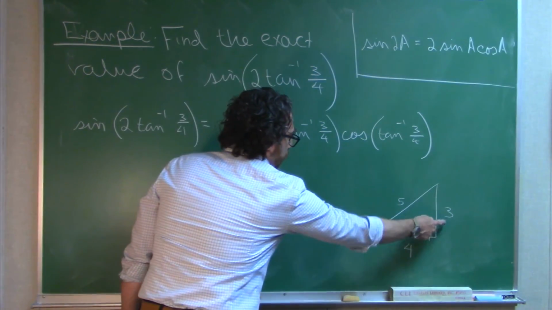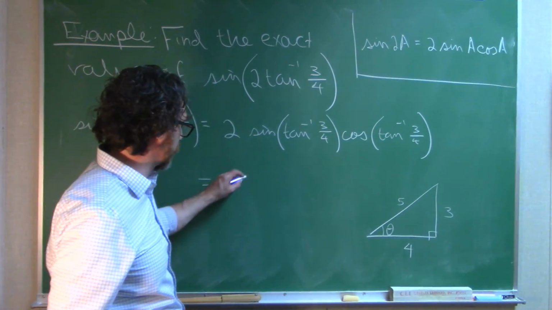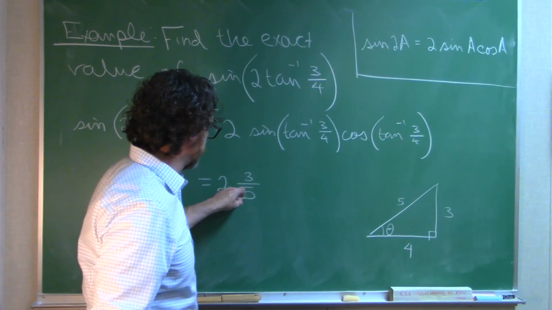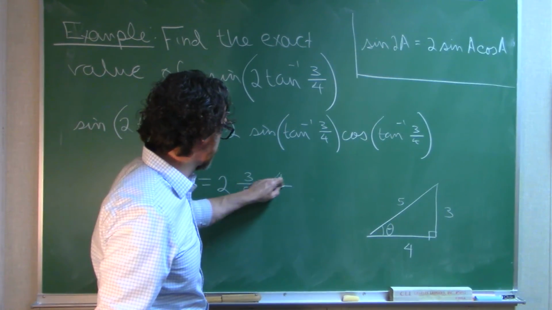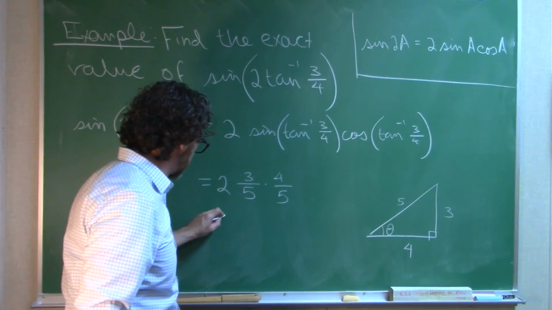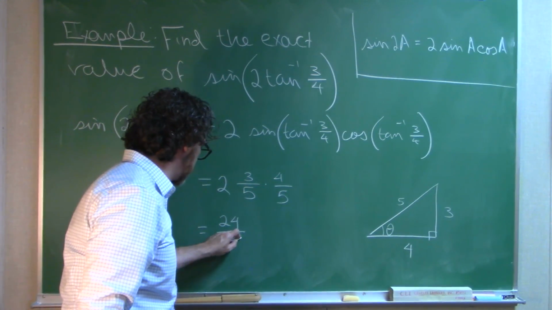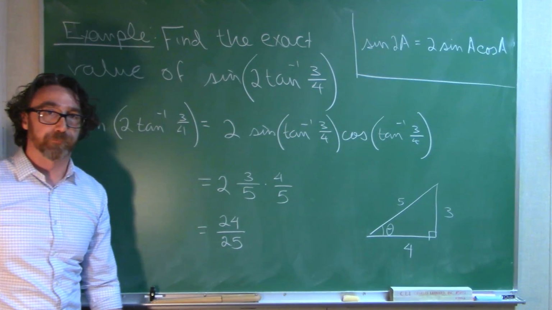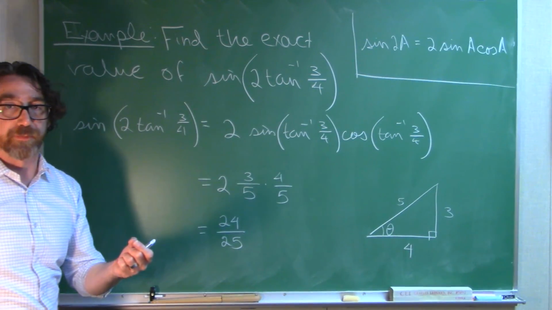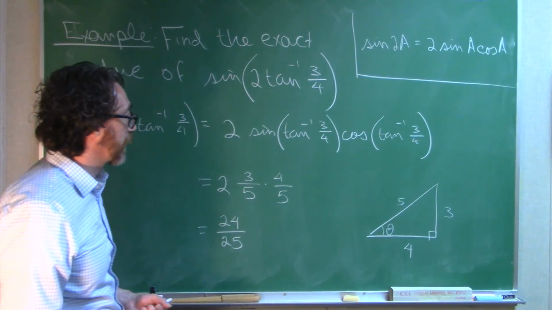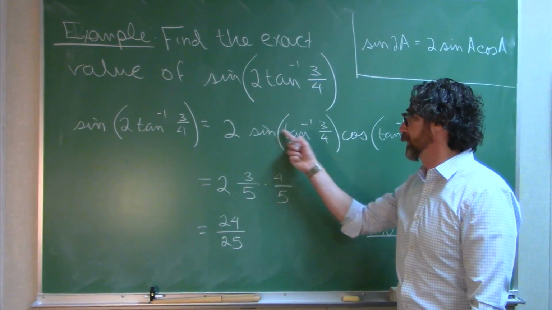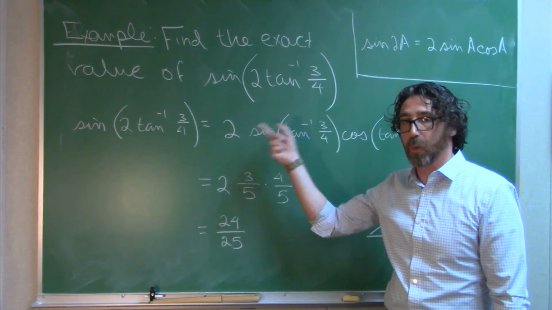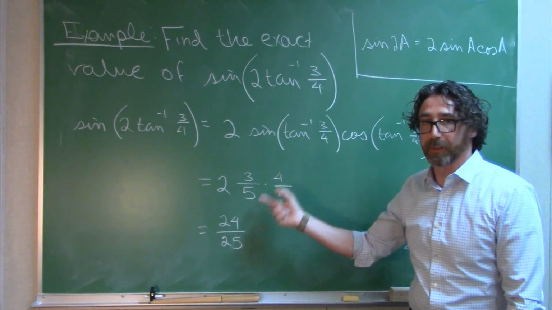Well, the sine is opposite over hypotenuse, 3/5. What's the cosine? It's adjacent over hypotenuse, 4/5. So the answer is 24 over 25. Okay. Application of my double angle formula for sine, and then knowing how trig functions and inverse trig functions work together to give me these values.